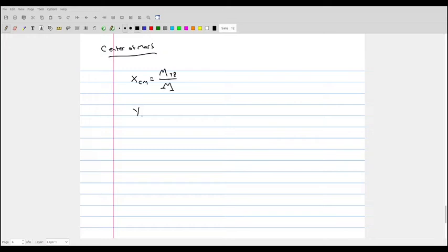The y center of mass was the first moment about the y-axis, or the xz plane, divided by the total mass.